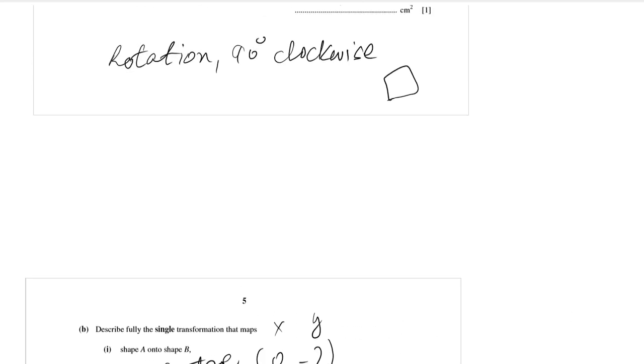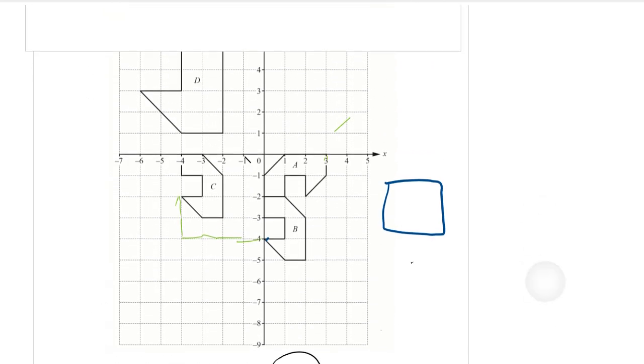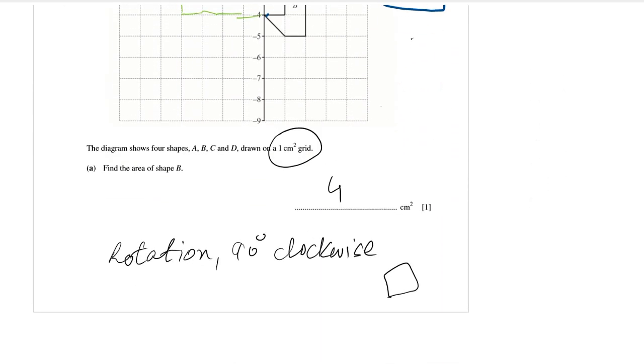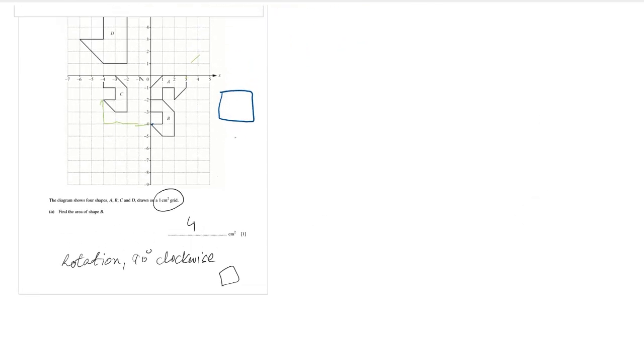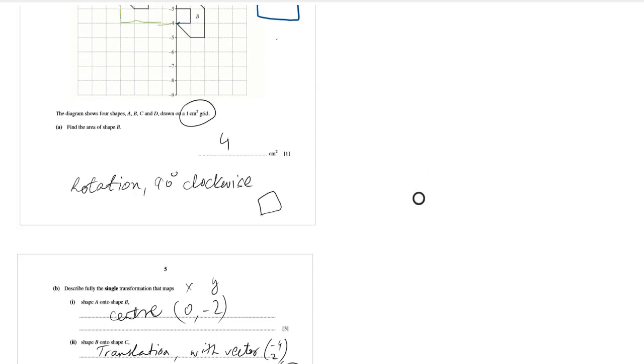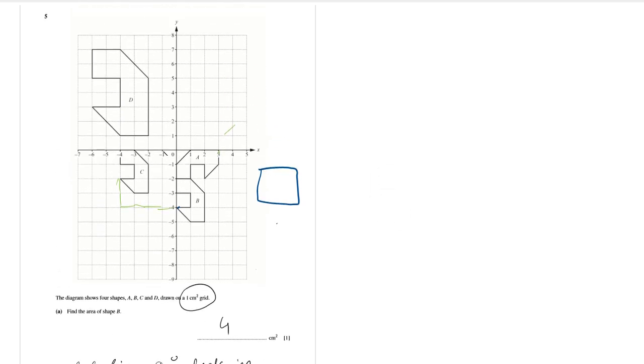Shape C onto shape D. Shape C to D, we can see clearly this is an enlargement. So how to find the enlargement? You need to find the center and the scale factor.